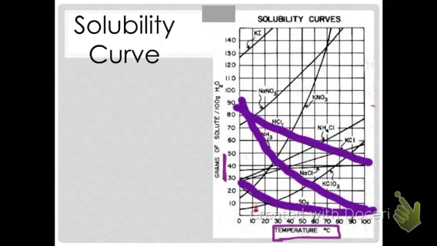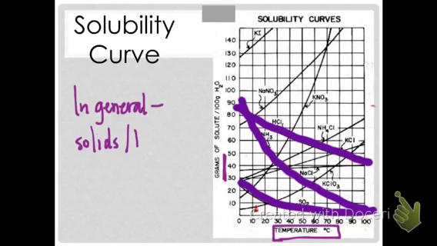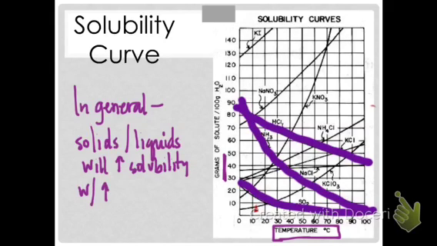In general, solids and liquids will increase solubility, and that's how much something is dissolved, with an increase in temperature. In general. Not always, but most of the time. And that was the red lines.